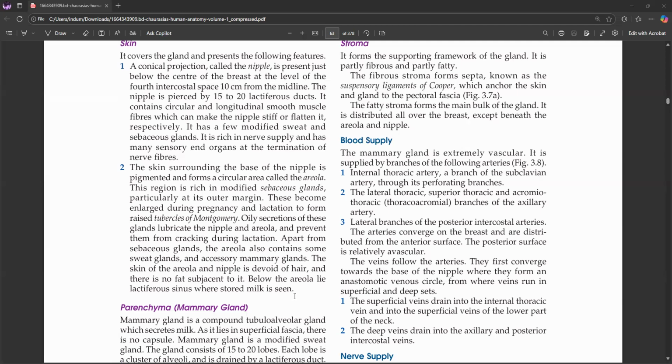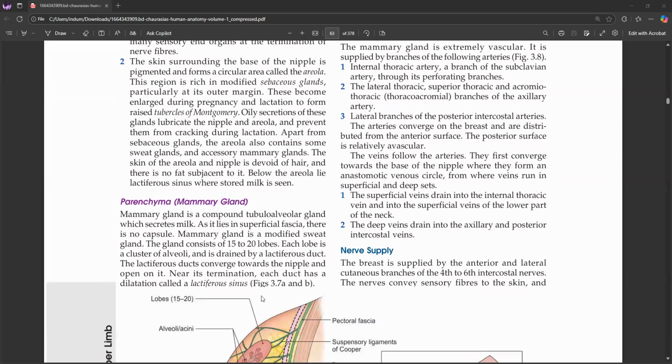Oily secretions of these glands lubricate the nipple and areola and prevent them from cracking during lactation. Apart from sebaceous glands, the areola also contains some sweat glands and accessory mammary glands. The skin of the areola and nipple is devoid of hair and there is no fat subjacent to it. Below the areola lie lactiferous sinuses where stored milk is seen.